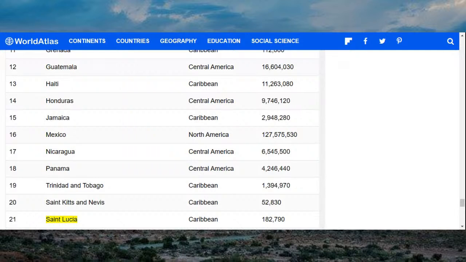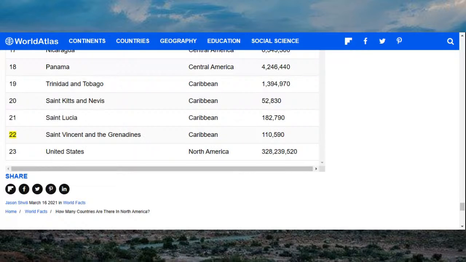Saint Lucia, Caribbean, 182,790. 22. Saint Vincent and the Grenadines, Caribbean, 110,590. 23. United States, North America, 328,239,520.